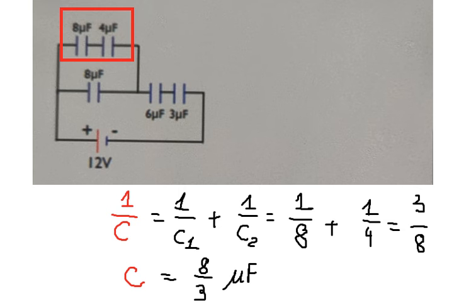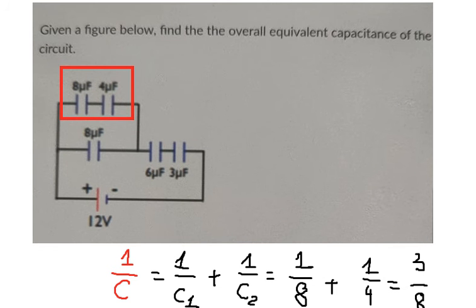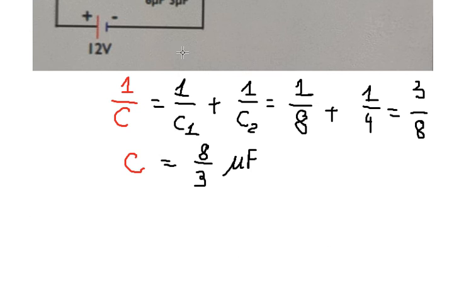So I will mark it in green in here. So we can calculate the green one. That should be C equals the red one plus C number 3.